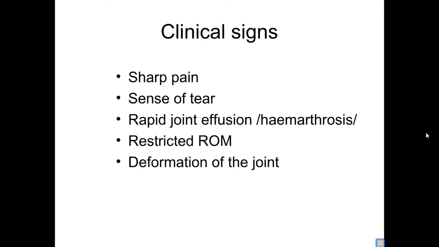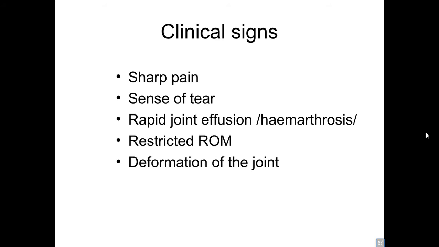What clinical signs could we expect in a patient with knee trauma? Usually a patient complains of appearance of sharp pain after the trauma or at the time of trauma. Sometimes patients report that they feel the tear, they even hear the sound of the tear.